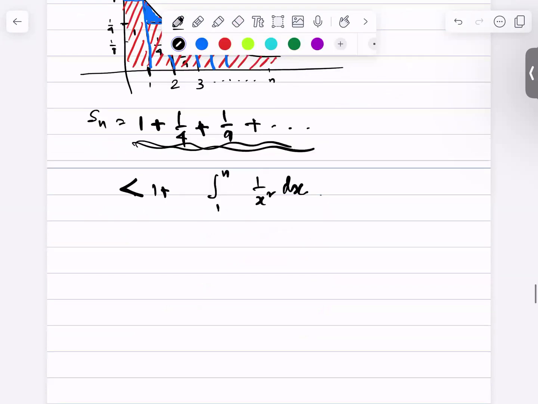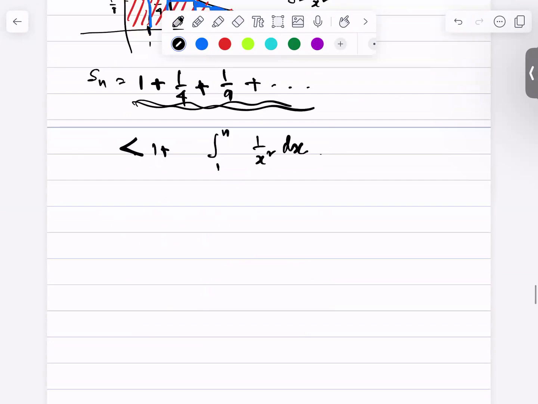Now, what is this integration? It is easy to evaluate. This is basically minus x inverse, from 1 to n. It's 1 minus 1 over n plus 1, which is 2 minus 1 over n. And obviously this is less than 2.